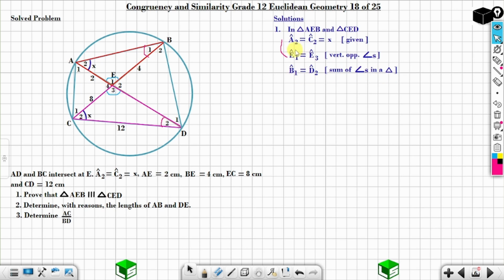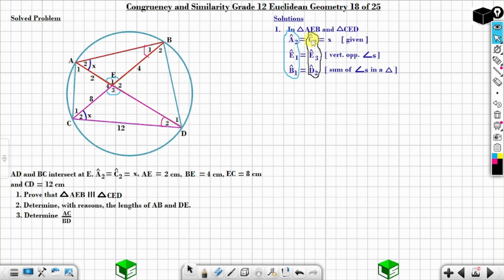Now we have these angles from one triangle and these angles from another triangle. Okay, can you see A2 is there, E1 is there, B1 is there, from one triangle, and you have these 3 angles from another triangle.